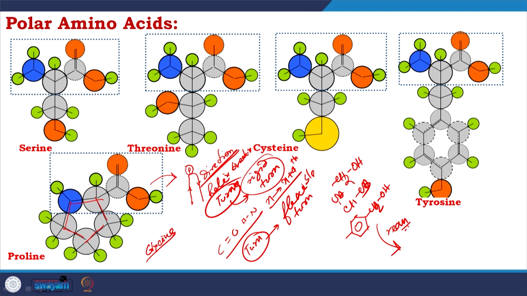Most popular of them is phosphorylation. So, we talked about post-translational modification. Phosphorylation mainly happens to serine, threonine and tyrosine.